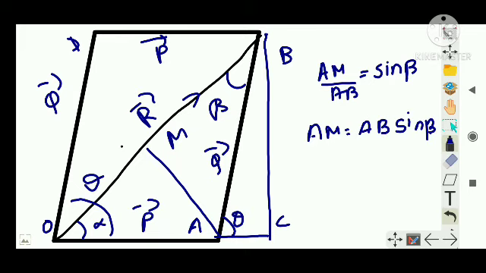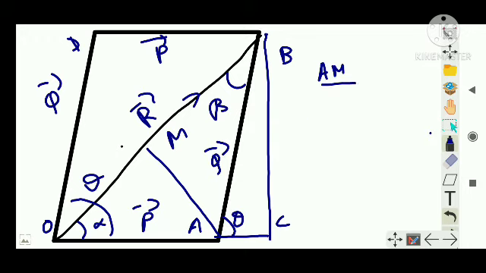What is AB from your figure? This one is AB, that is the q vector. So I can write AM is equal to q vector sine beta. Keep it like that itself. Now let's take the triangle AMO.